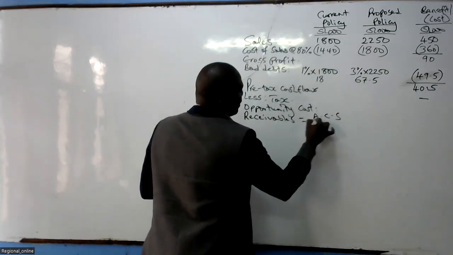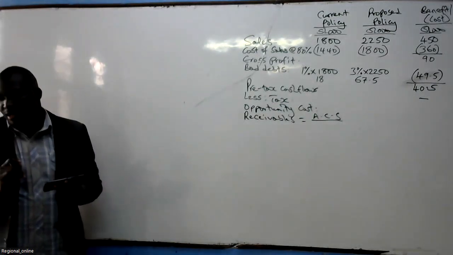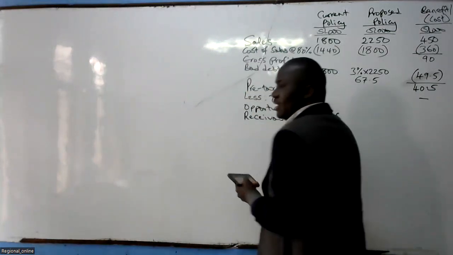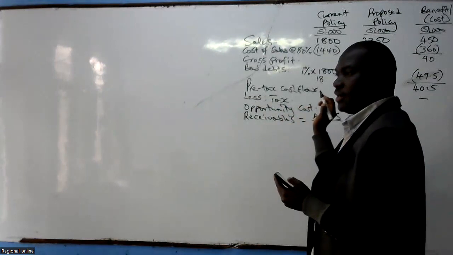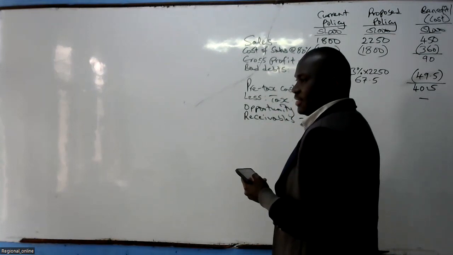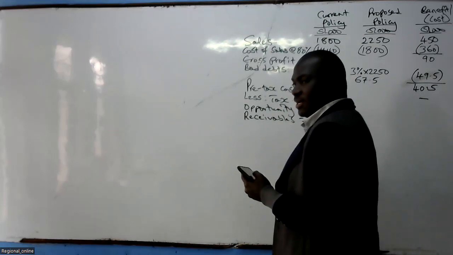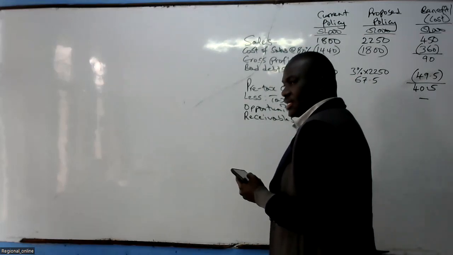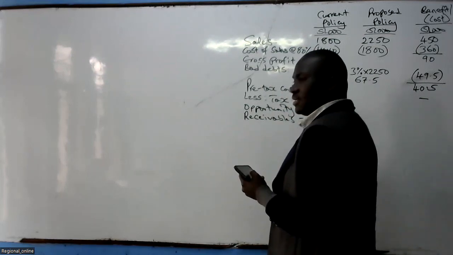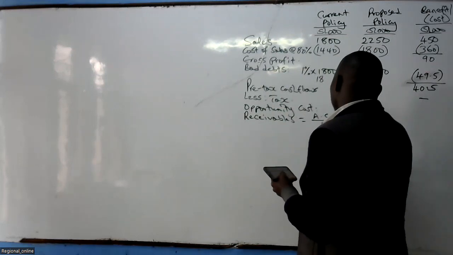Annual credit sales divided by 365 times the number of periods.